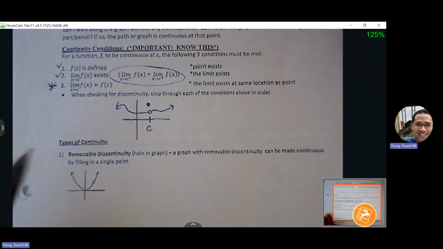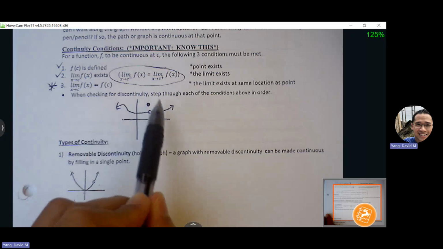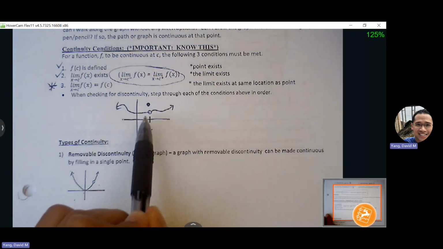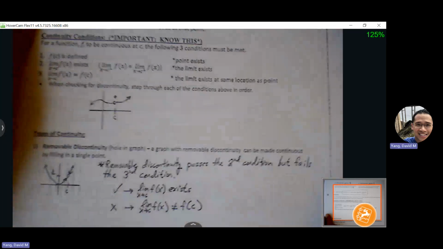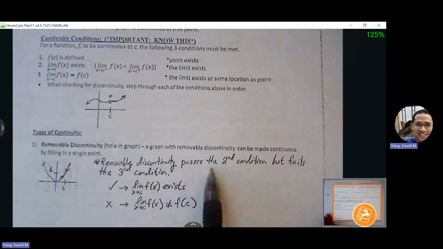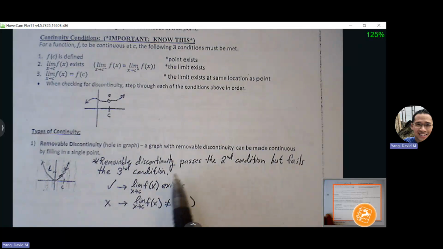So we can tell that if we're going to get to a situation where there's going to be a hole in the graph, it's got to pass the second condition, and it's got to fail the third one. Okay, so a removable discontinuity passes the second condition, but fails the third condition.